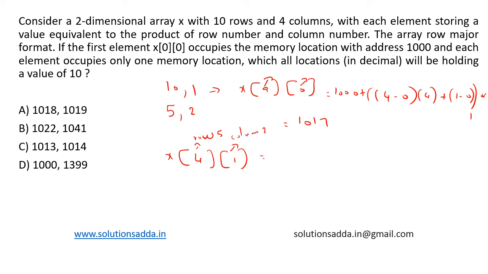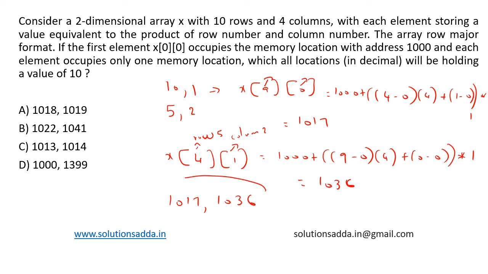So we have 1000 plus 9 minus 0 into 4 plus 0 minus 0 the whole into 1, which would give us 1036. So in these memory locations, that is 1017 and 1036, we can have the value of 10.